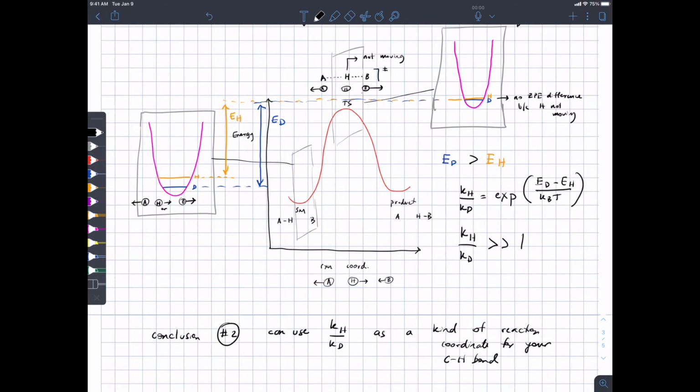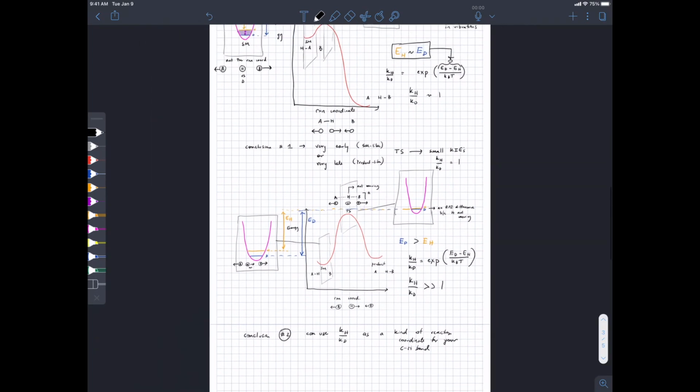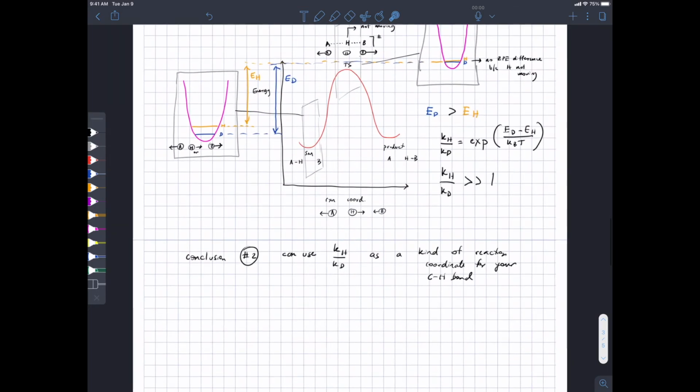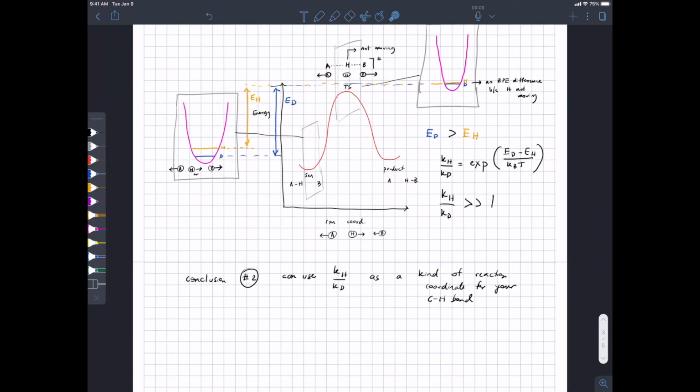If the kinetic isotope effect is equal to 1, that means that bond breaking is either not begun or perhaps almost complete in the transition state, whereas a large kinetic isotope effect means that you're somewhere in between that.